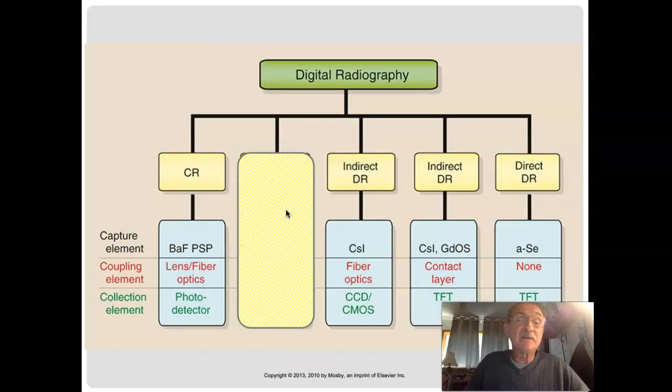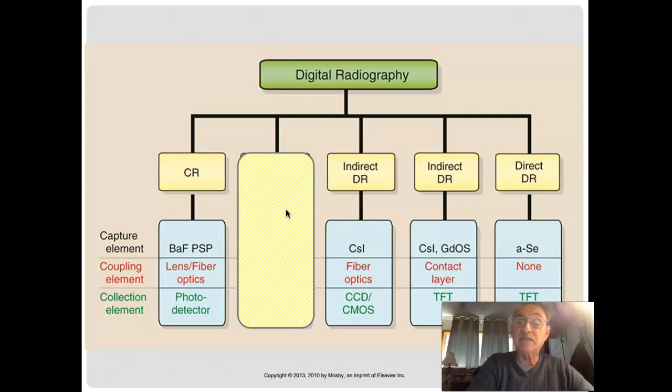All right, little summary here. And incidentally, this portion of it is a few slides that I have added, which I think helps to summarize the process. So you saw this slide earlier in this presentation, where we have a capture element, and that capture element for CR was barium fluorohalide, the photostimulable phosphor.